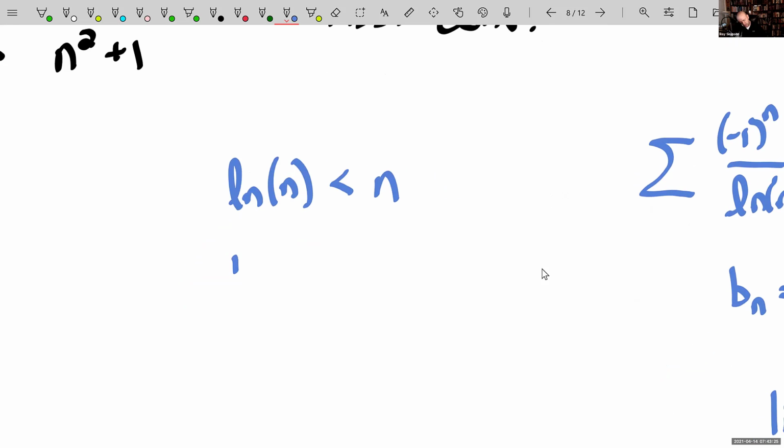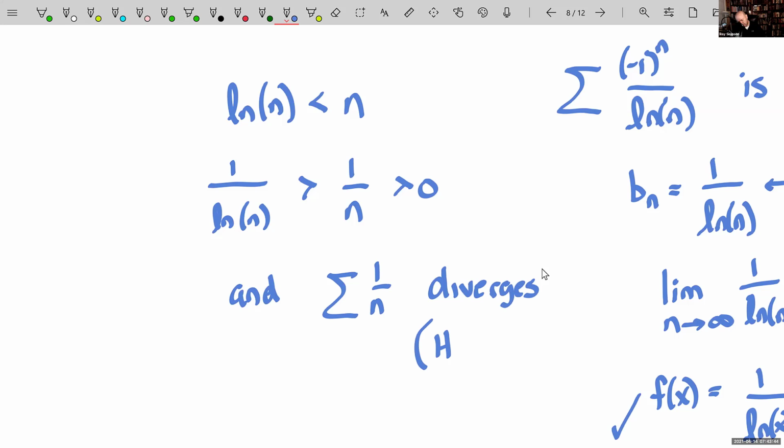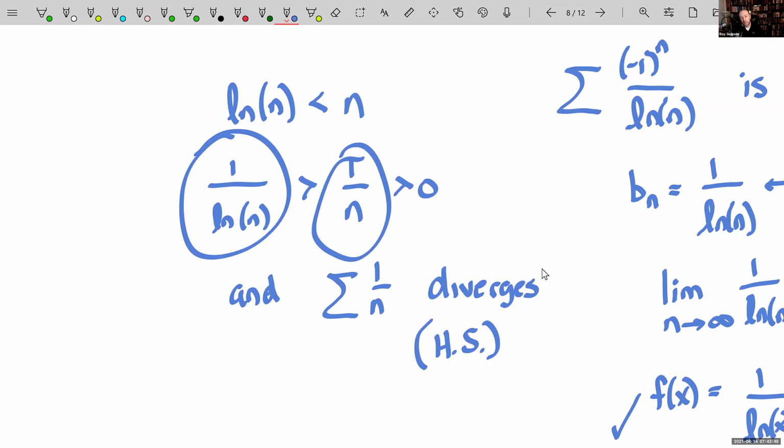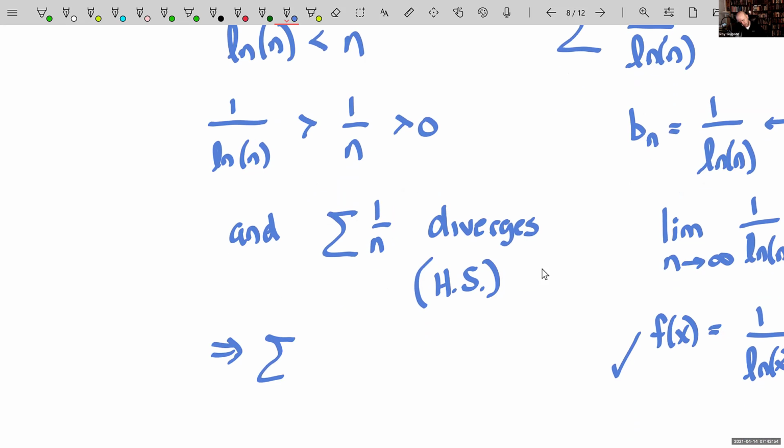And then that implies 1 over the natural log of n is greater than 1 over n, which is greater than 0. And we happen to know the summation 1 over n is the divergent harmonic series. So we have divergence below implies divergence above for their series. So I'll say hence the summation 1 over natural log of n diverges, and that's by series comparison test.